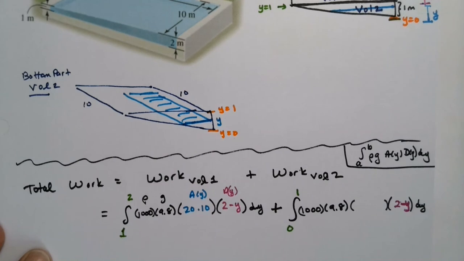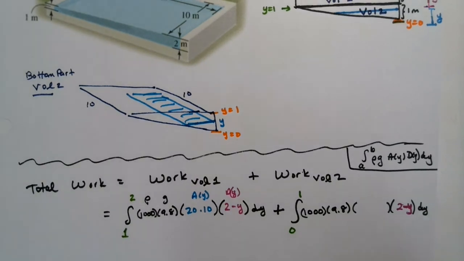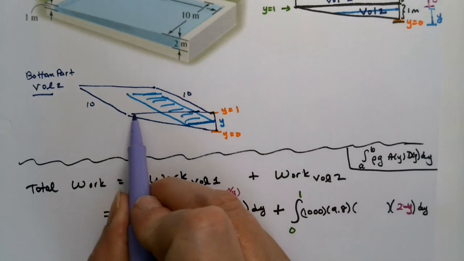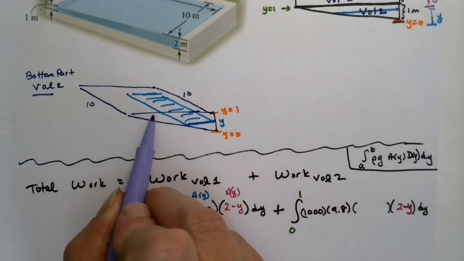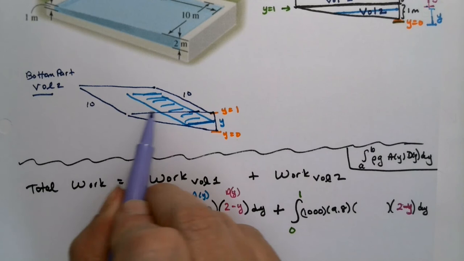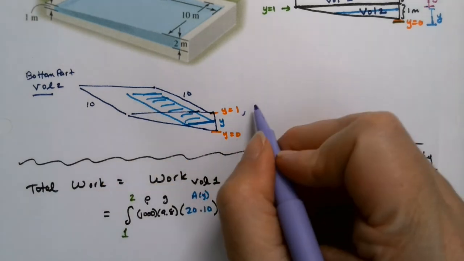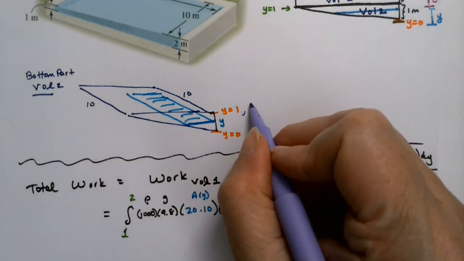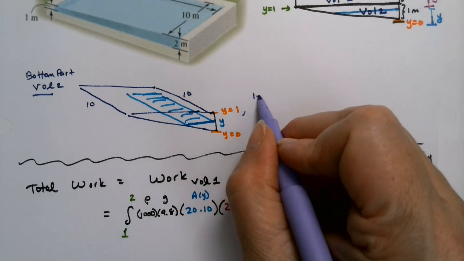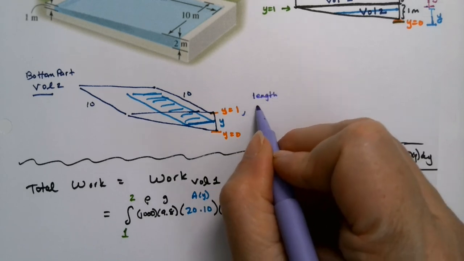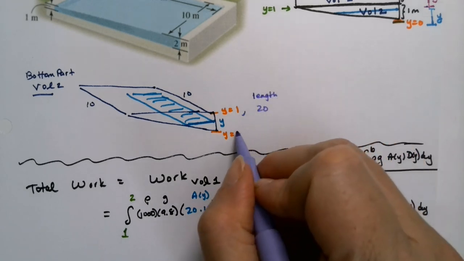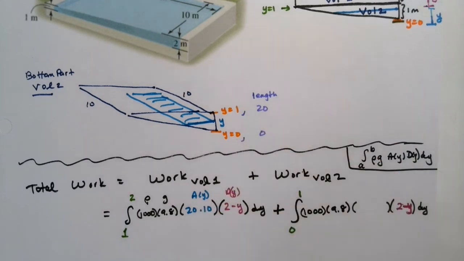It would be like that. So I need to figure out a relationship here. Let's think about this. When I'm at y equals 1, that little rectangle of water would be up here at the top. The length would be 20 up here. But down here at y equals 0, the length would be 0, right?